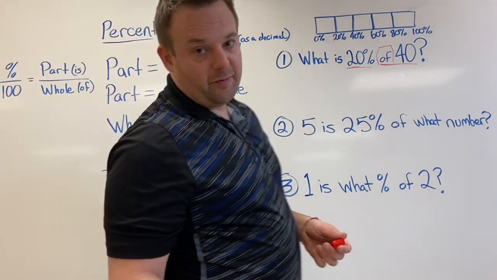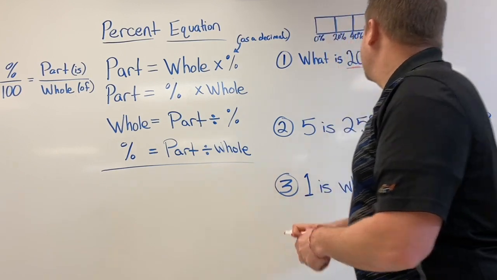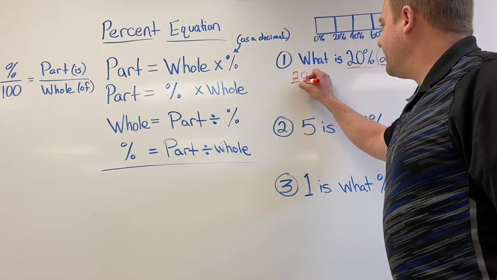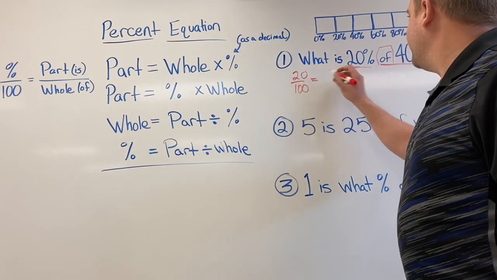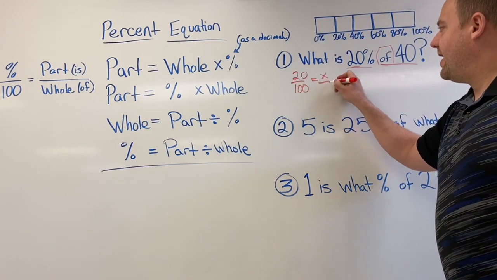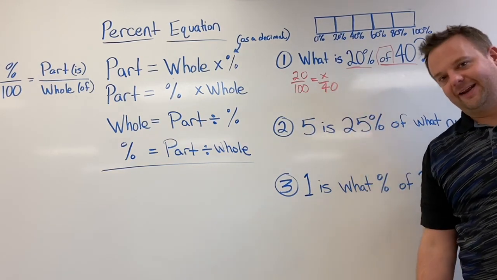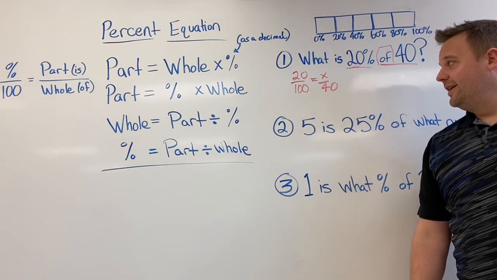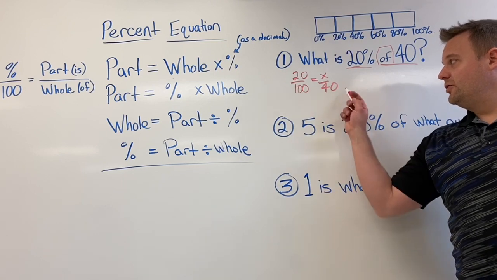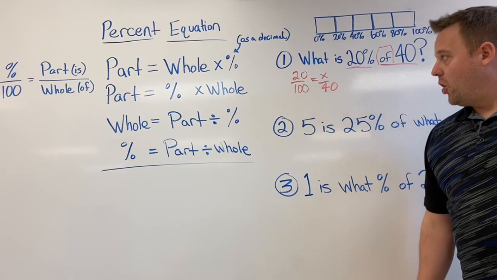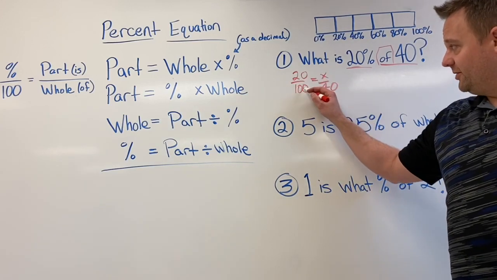So if I were to set up a proportion for this, it would look like this. Percent over 100, which is 20 out of 100, equals something out of 40. Now it doesn't just jump right out at us, does it? A couple things you can do: cross multiply and divide, making an equation, or reduce this to the lowest terms.